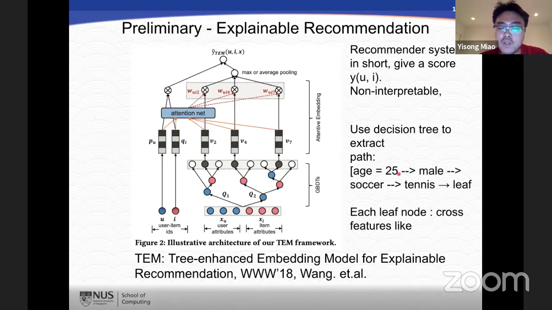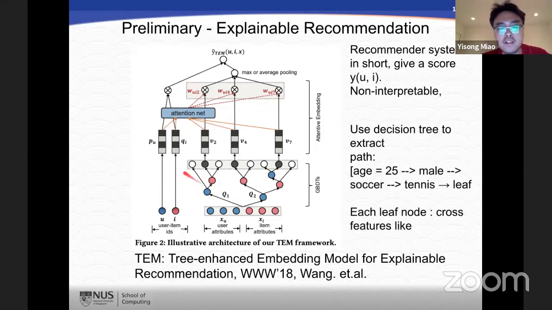For example, on the right-hand side, one sample path can be: age equals 20 to 25, he's male, he loves soccer and tennis, and here it comes down to one leaf node. On the layer pointed by my red pointer now, each leaf node corresponds to a cross feature. And they use this cross feature to enhance the performance of the recommender.